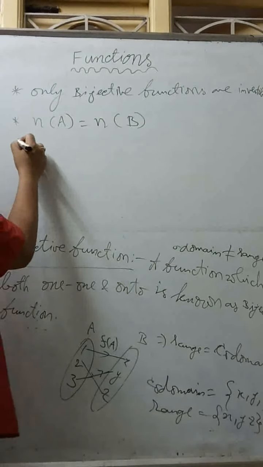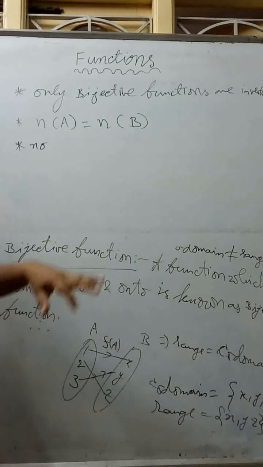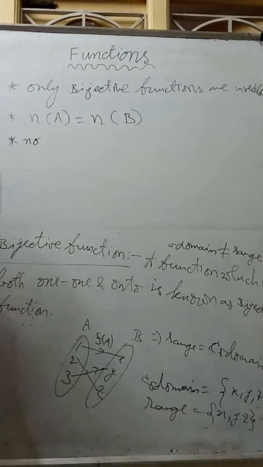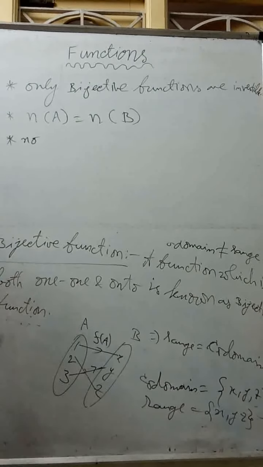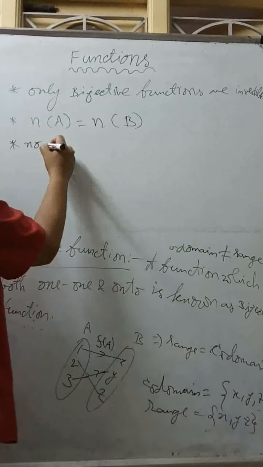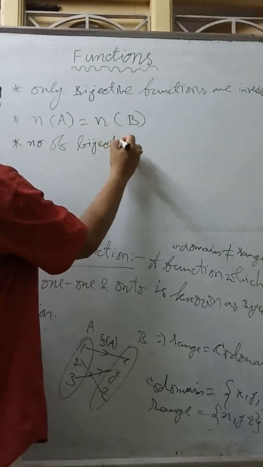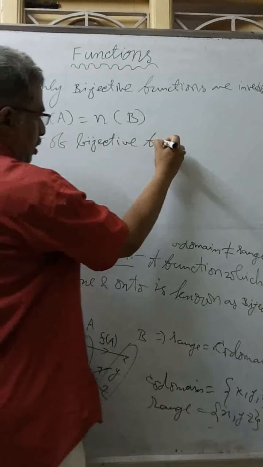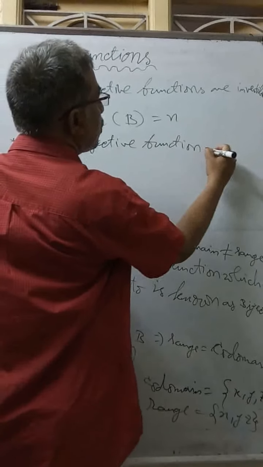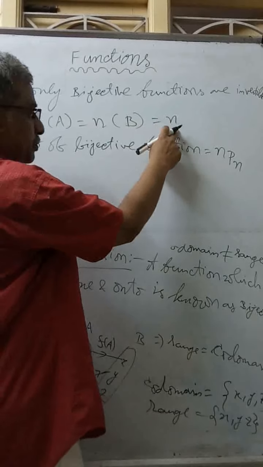Next, like the number of 1-1 functions we discussed as nPr, if the number of elements in B is n and in A is r, the number of 1-1 functions is nPr. The number of bijective functions is nPn, because both numbers should be equal, so I am assuming it as n.